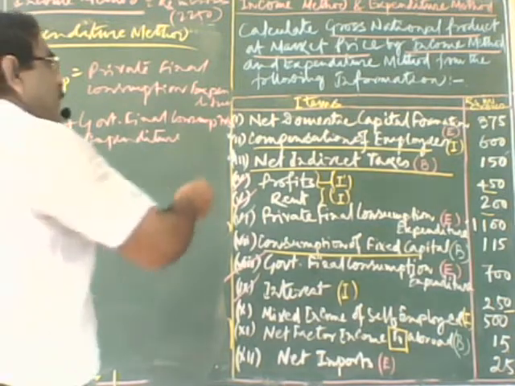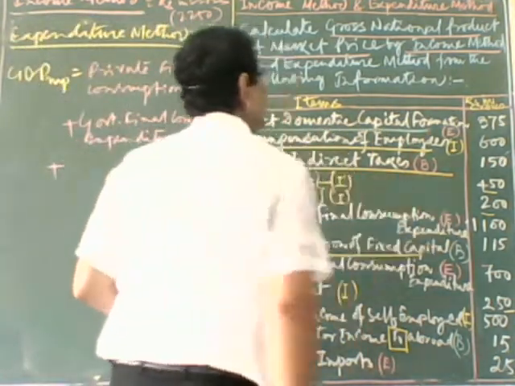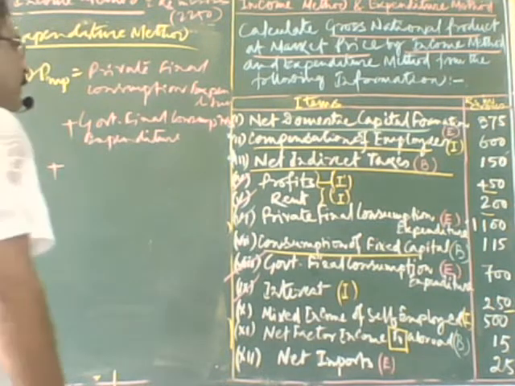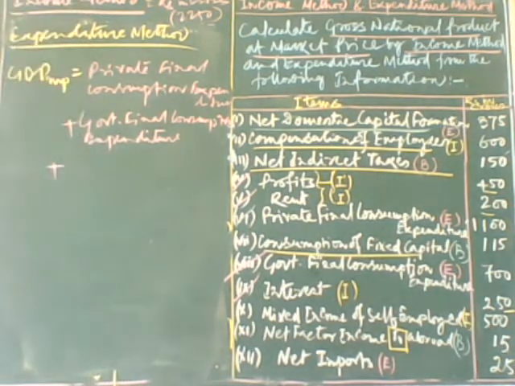here net domestic capital formation is given, but the actual component is gross domestic capital formation. So first of all, you have to change into gross domestic capital formation. Whenever you change into gross domestic capital formation, the depreciation will be added to the net domestic capital formation.